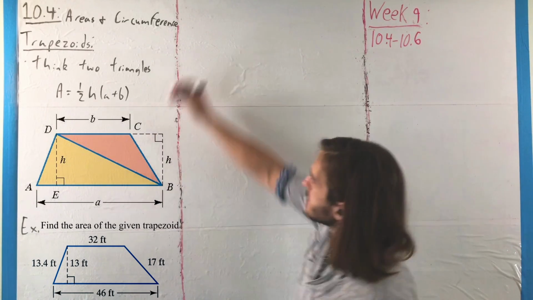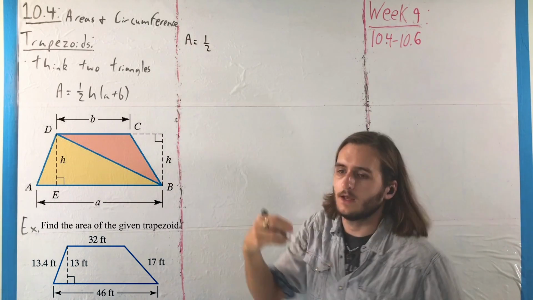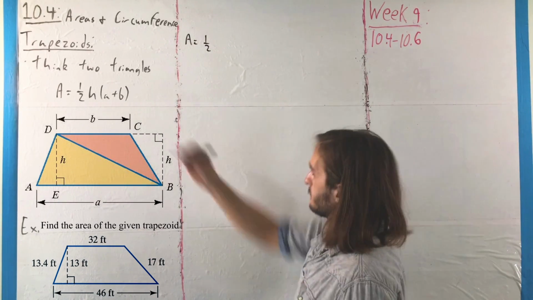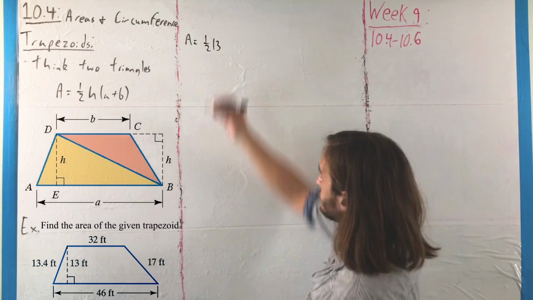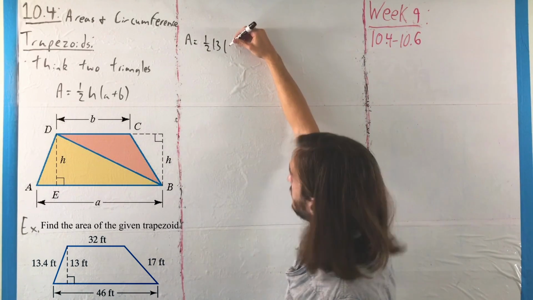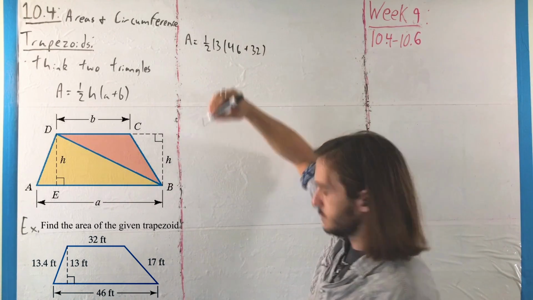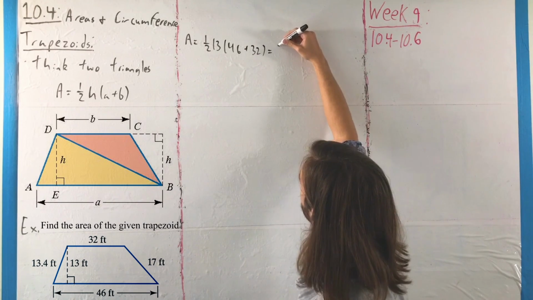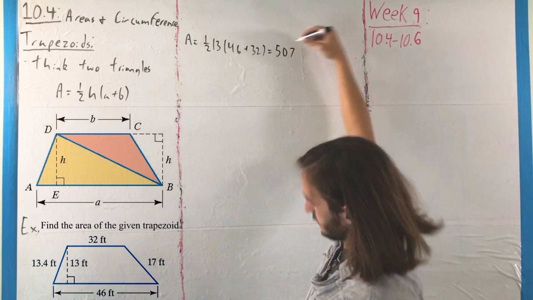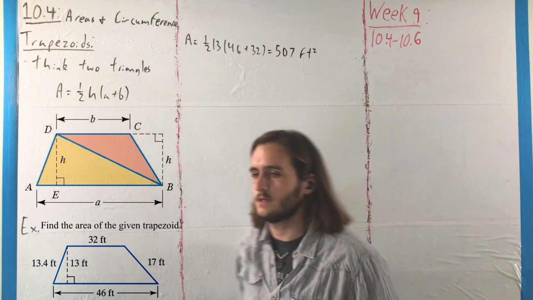We would then say that the area in this case is a 1/2 for the fact that we are looking at two different triangles, multiplied by 13 because both of those triangles have height or altitude of 13 feet, then 46 feet plus 32 feet for each of the two base lengths, where this is going to end up leaving us with, skipping a half step there for that arithmetic, 507 square feet.